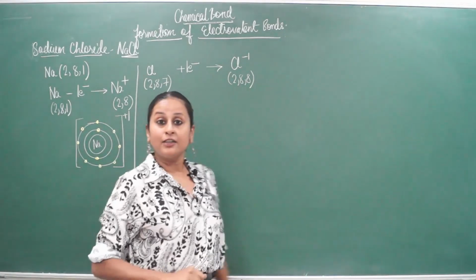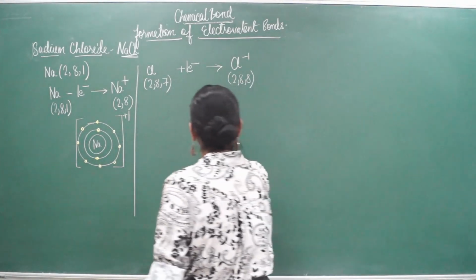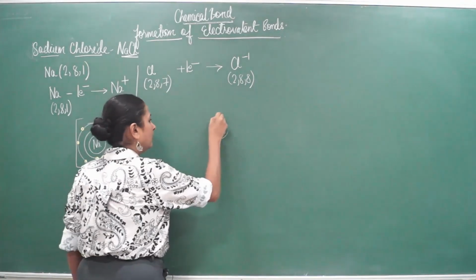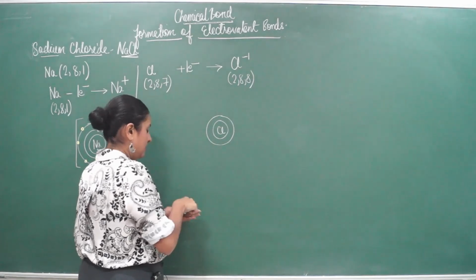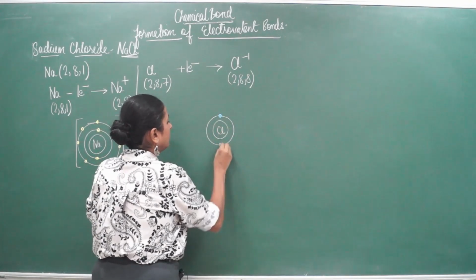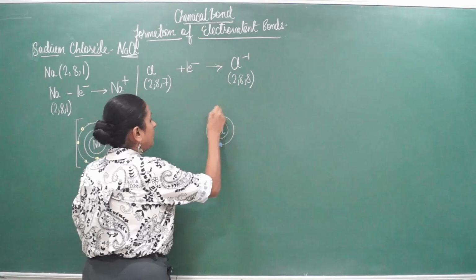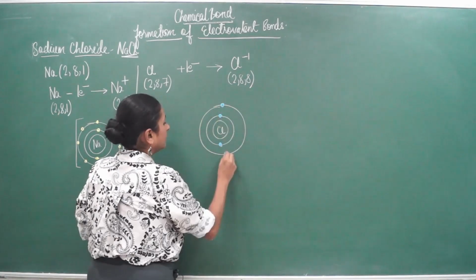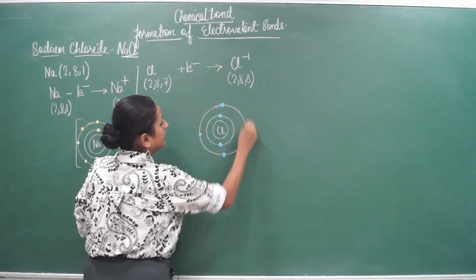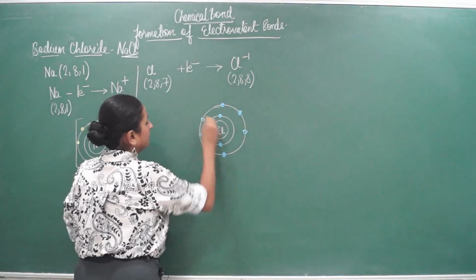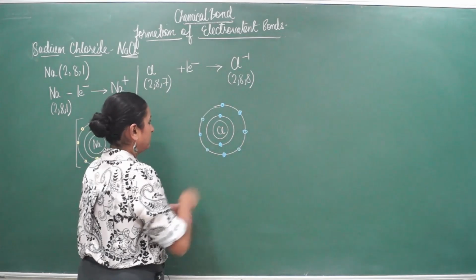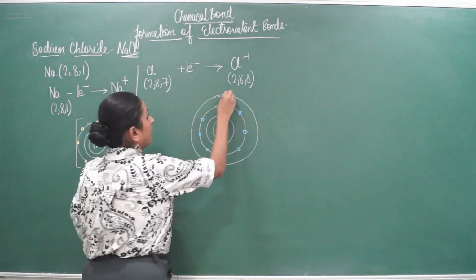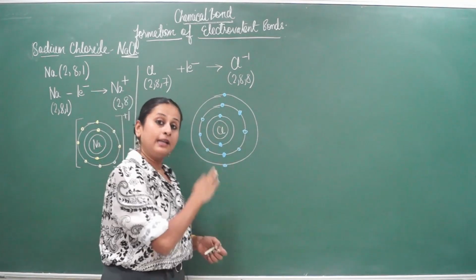Alright. So let us draw the structure of this chloride. So for chlorine, it has 2 electrons in the first shell, 8 electrons in the second shell, and another 8 electrons in its last shell.